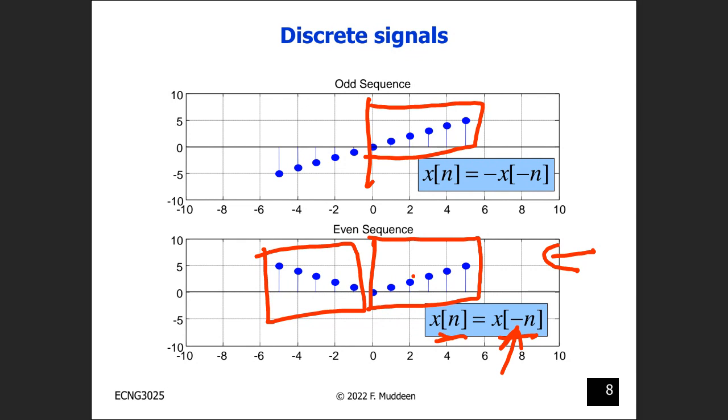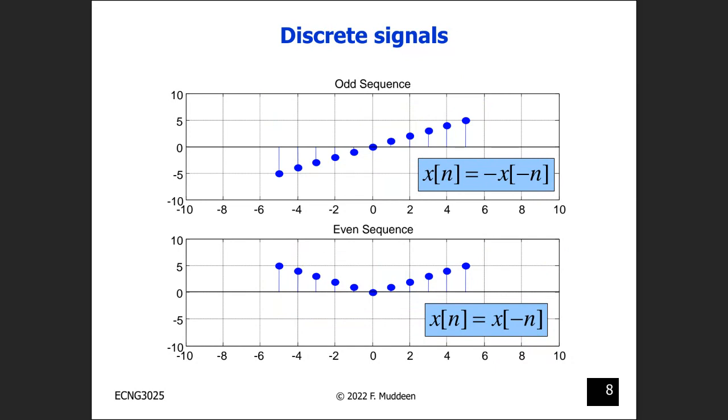So if I had a sequence that was neither odd nor even, and I could break it up into a combination of even and odds, then by doing that, I could reduce the work by at least half.